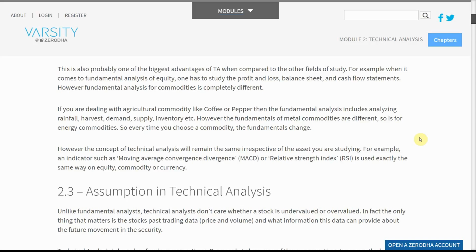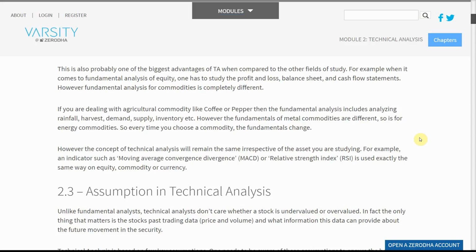So every time you choose a commodity, the fundamentals change. However, the concept of technical analysis will remain the same irrespective of the asset you are studying. For example, an indicator such as moving average convergence divergence (MACD) or relative strength index (RSI) is used exactly the same way on equity, commodity, or currency.